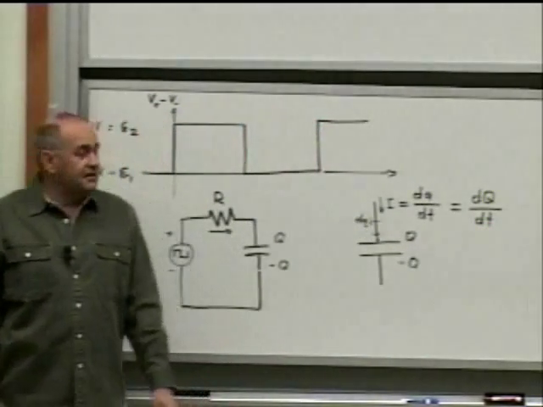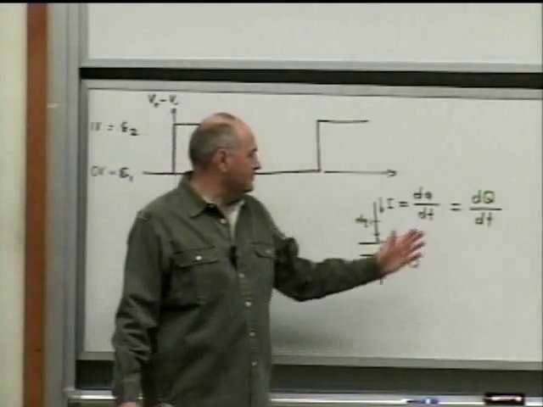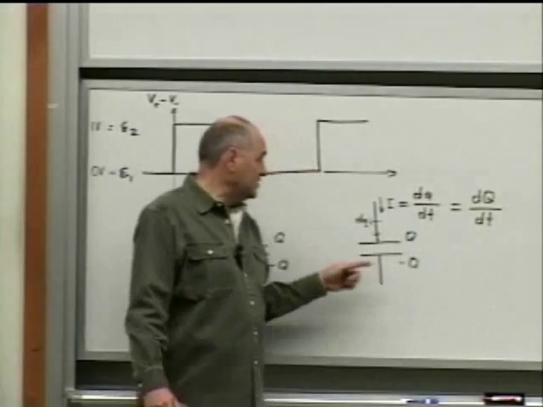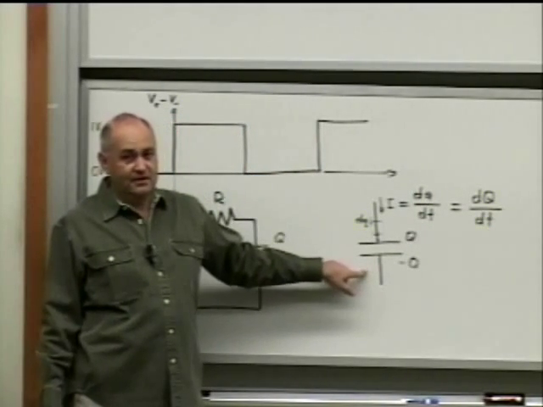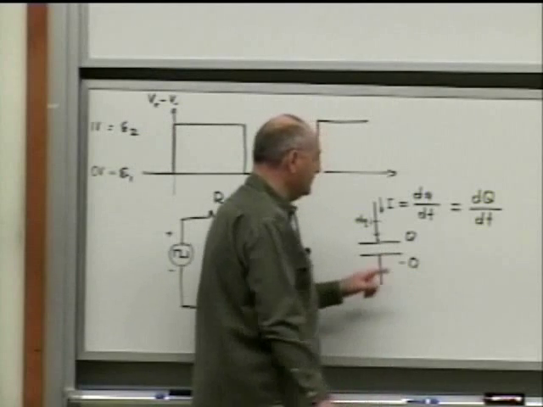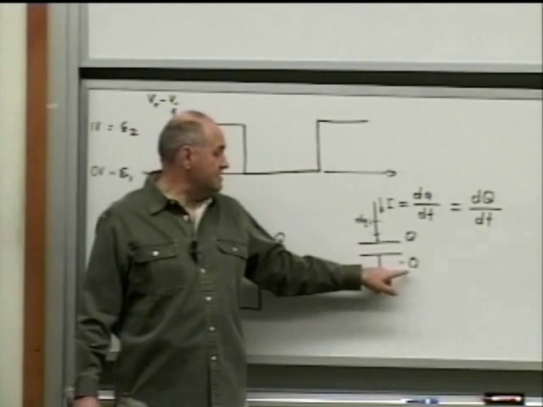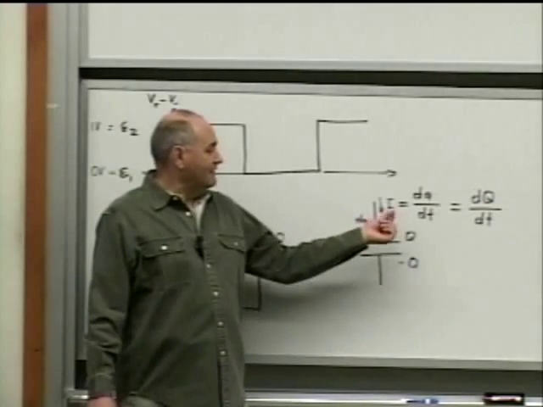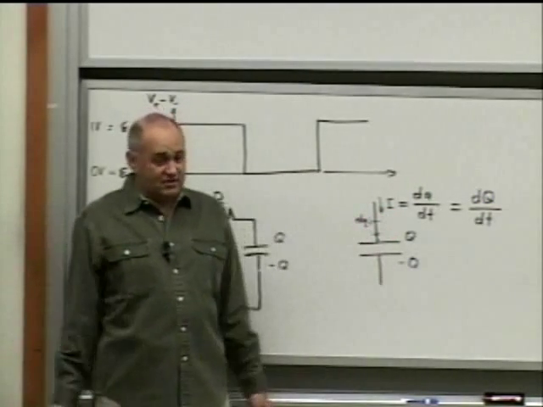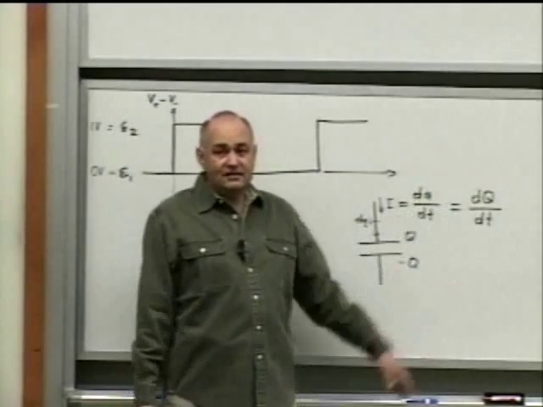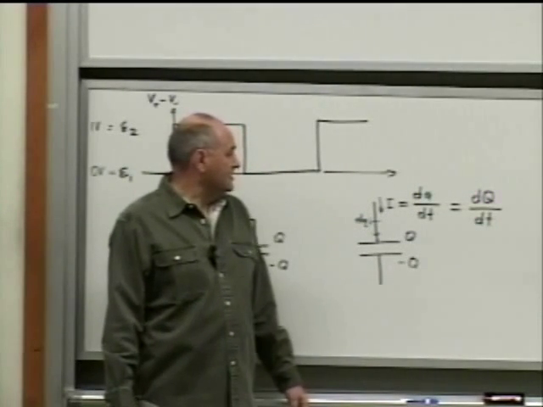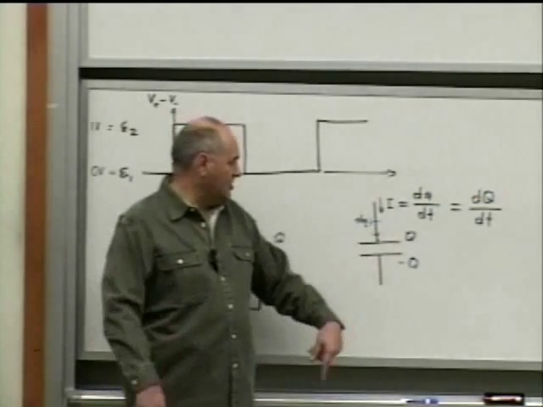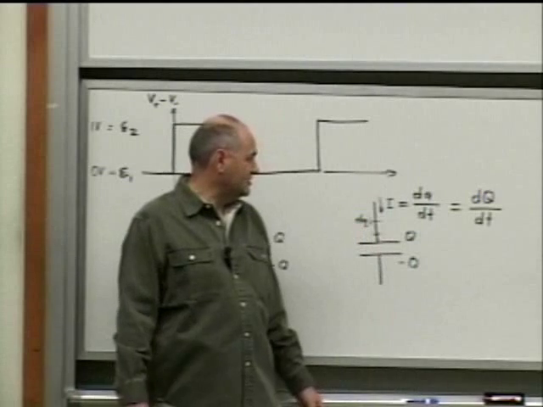Now, current is equal to the rate at which the capacitor is being charged because I made a drawing that way. If I made a drawing a different way, if I put minus Q over here and plus Q over there, then I will get that the current is opposite to the rate at which the capacitor is being charged, in the opposite direction.